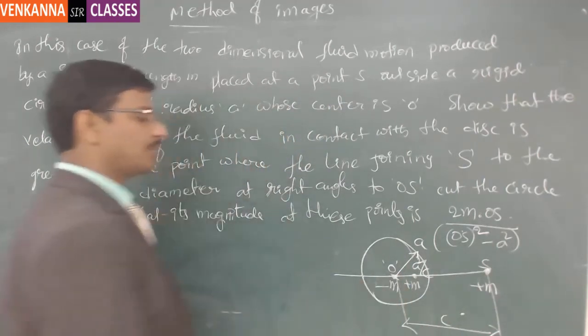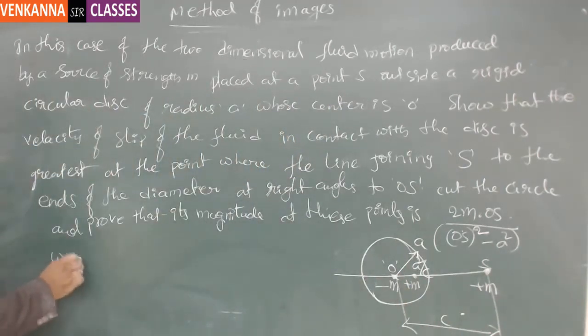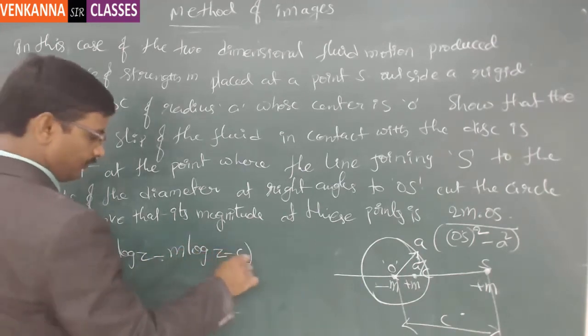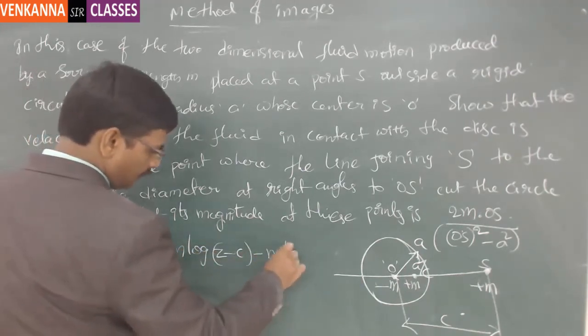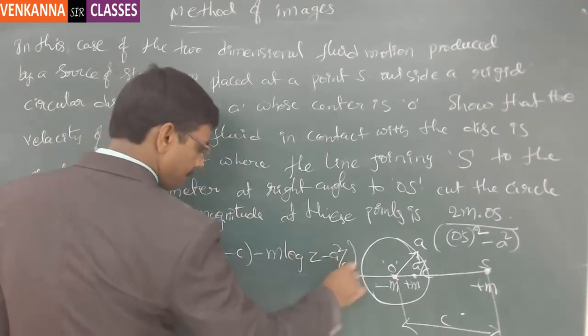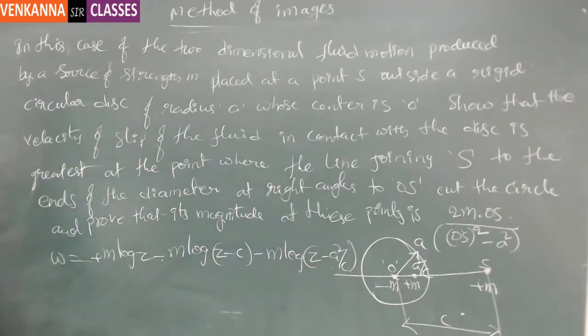Here the complex potential will be W is equal to plus m log z minus m log z minus c minus m log z minus a square by c. So this is the complex potential. Got it?